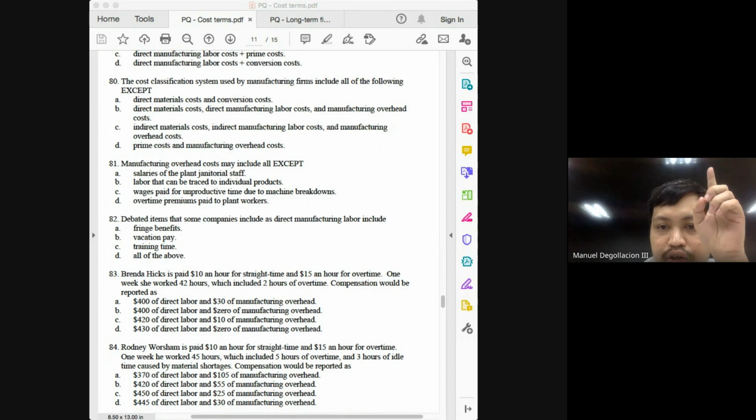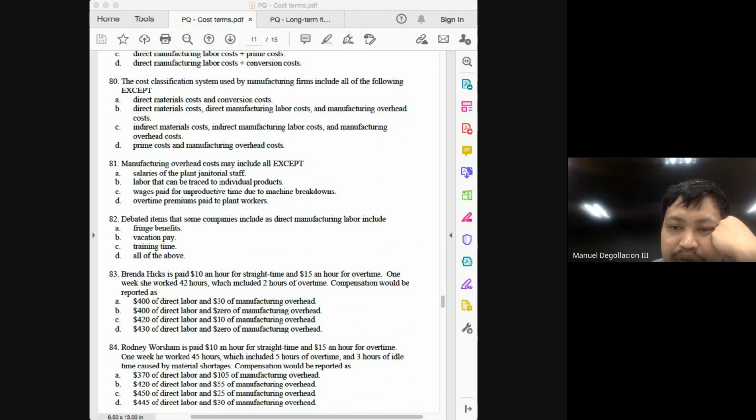But since the janitorial staff is assigned in the plant, this will still form part of your indirect labor. So still part of your manufacturing overhead cost. We're not looking for direct materials and direct labor. Basically, we're looking for overhead and indirect materials and indirect labor.